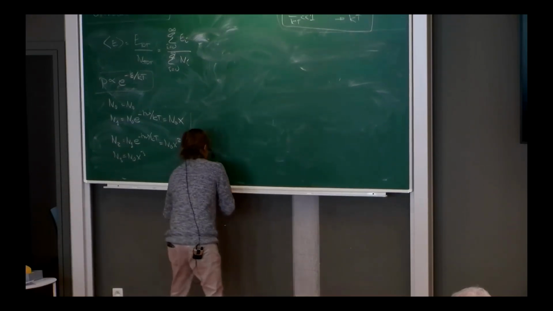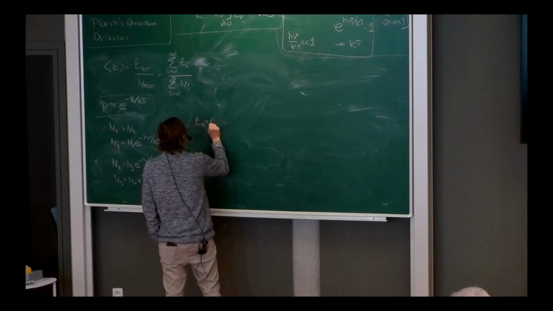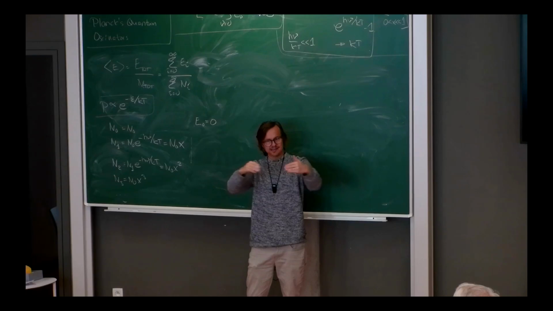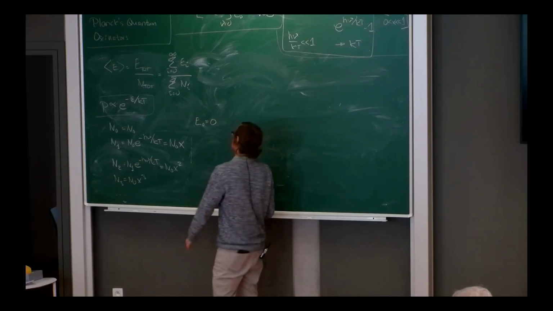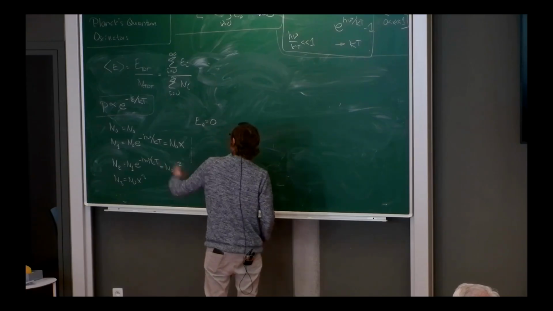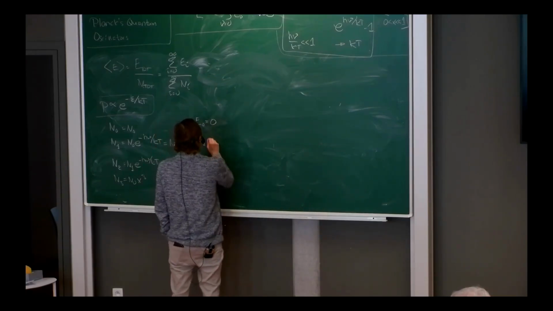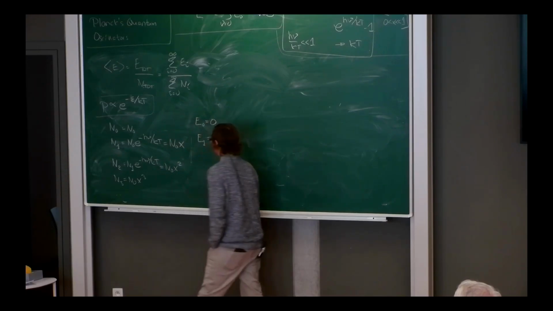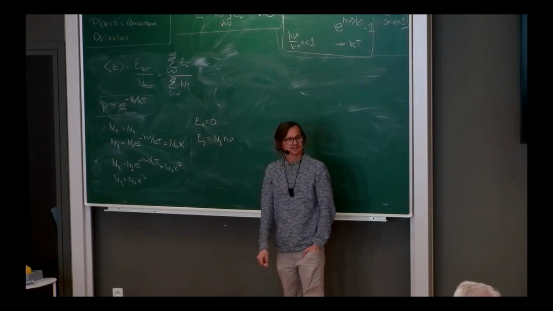So what about the energies then? Well, E0 here is going to be 0 because if the oscillator is not excited, there is no energy in it, no potential energy in it. And E1, in this case, that's going to be N1, the number, times h nu, their energies.